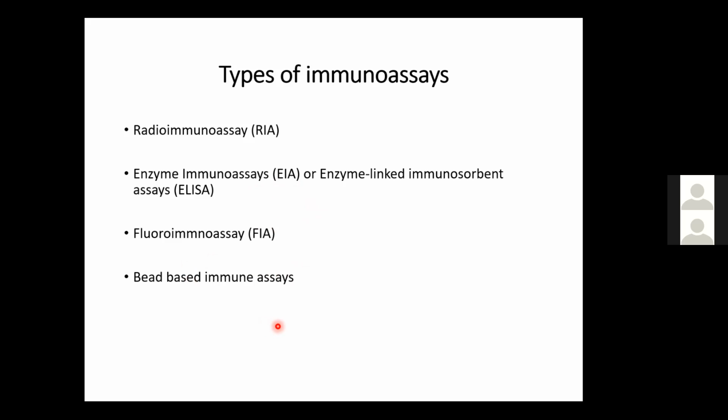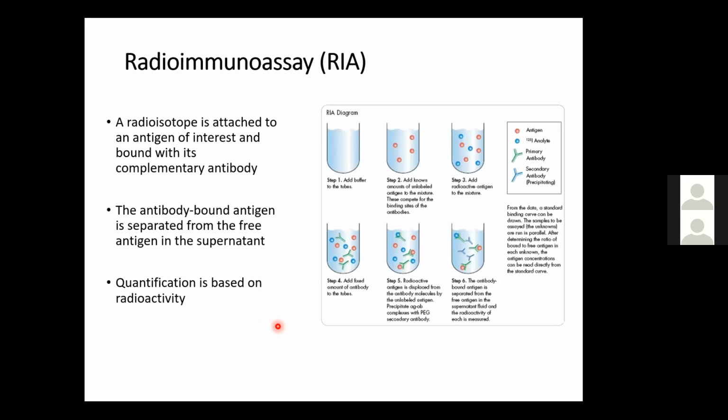With the radioimmunoassay, a radioisotope is attached to the antigen of interest, and it's bound to its complementary antibody. The antibody-bound antigen is then separated from the free antigen, from the free supernatant, and we use quantification based on radioactivity. If you look at the diagram provided in the slide, these are the steps.